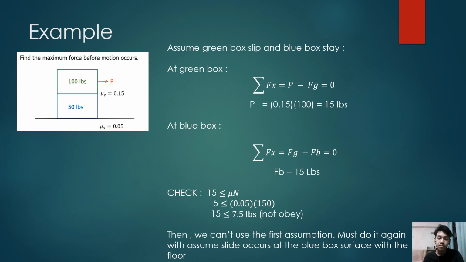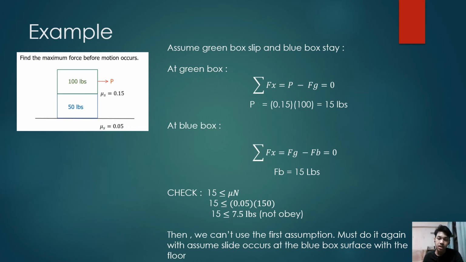Then we get that FB is equal to FG. From the earlier calculation, we already got FG equal to P, so FB is also 15 pounds.